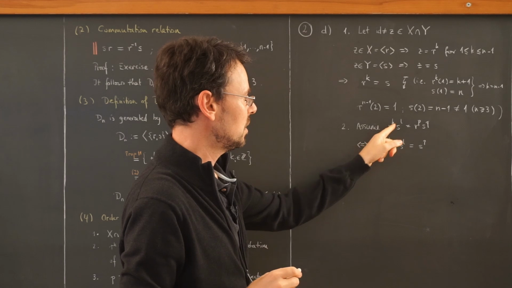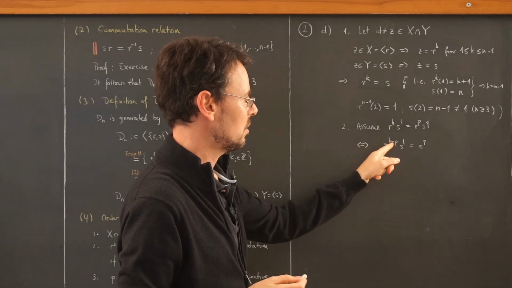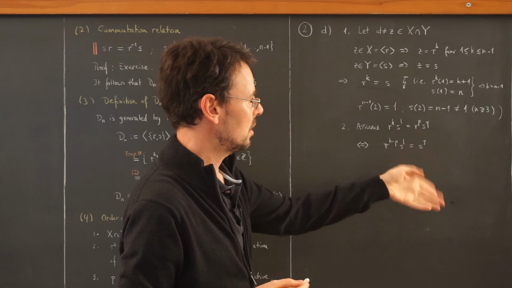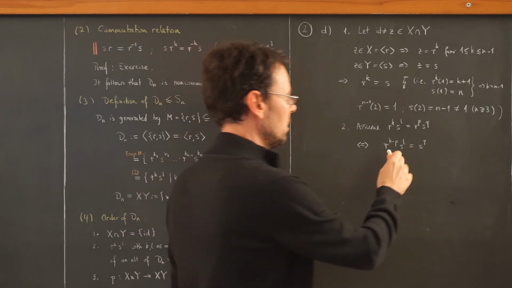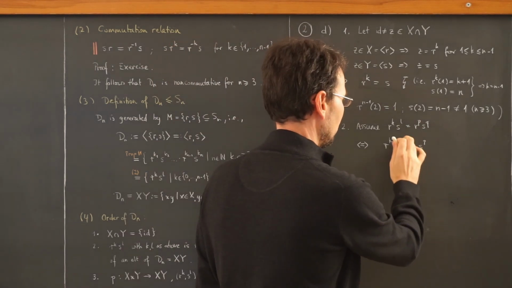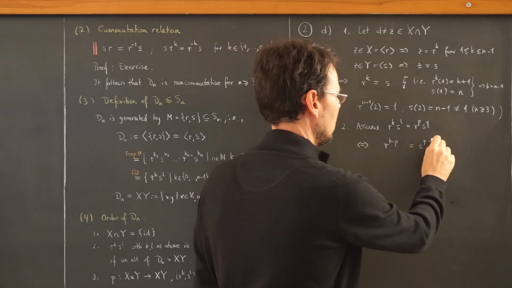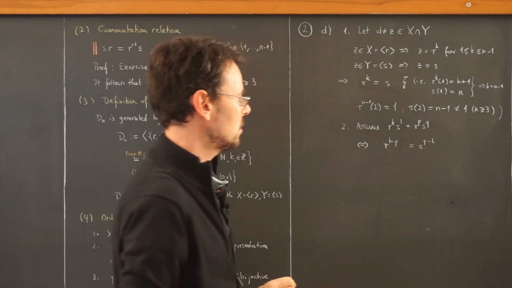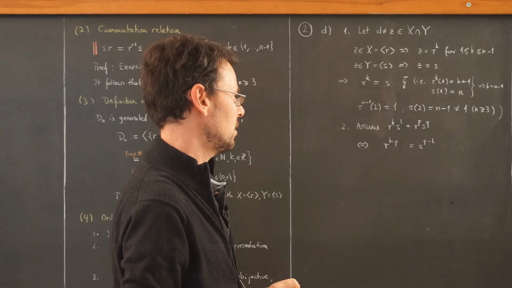R to the minus P times R to the K is the same as R to the K minus P. And here it cancels. Then I multiply from the right with S to the minus L.